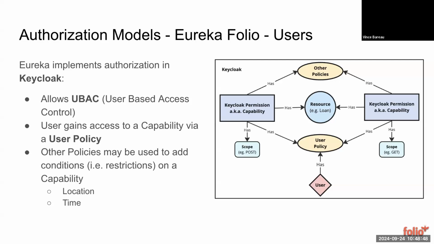But the classic example is you have a student member who works in the checkout desk Monday to Friday. Well, you don't want them to go to their dorm room on Saturday and start checking out things to people. So you can put a time-based restriction on that. We can apply policy. A time-based policy is this is only going to be possible from Monday to Friday from 9 to 5. So these are the policies in Folio.